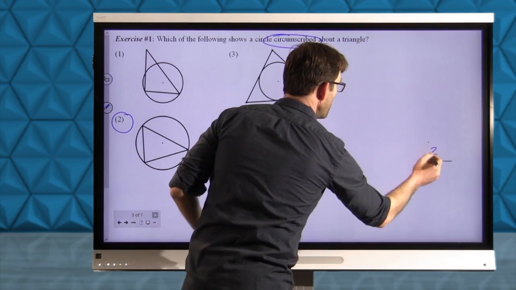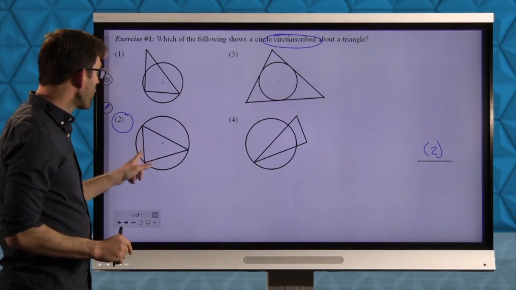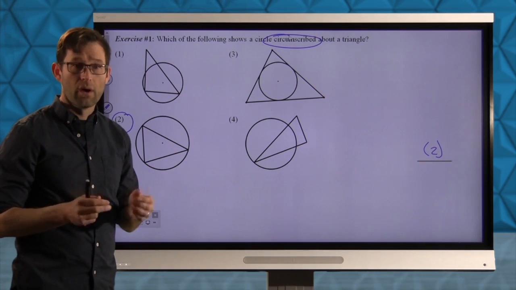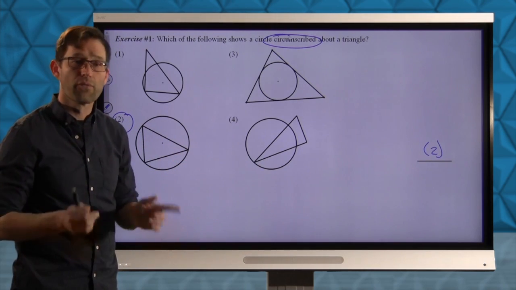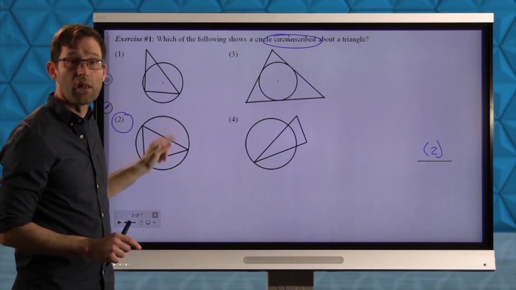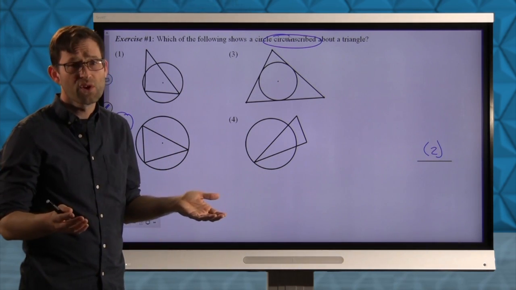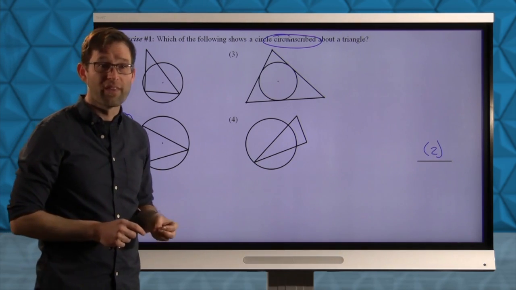The idea of a circumscribed circle is a circle where the three points of the triangle are on the circumference of the circle, on the circle itself. Remember, the circle is not the space inside of it, but actually the points that lie on its perimeter or circumference. So now, let's start to build what we need in order to create that circle.